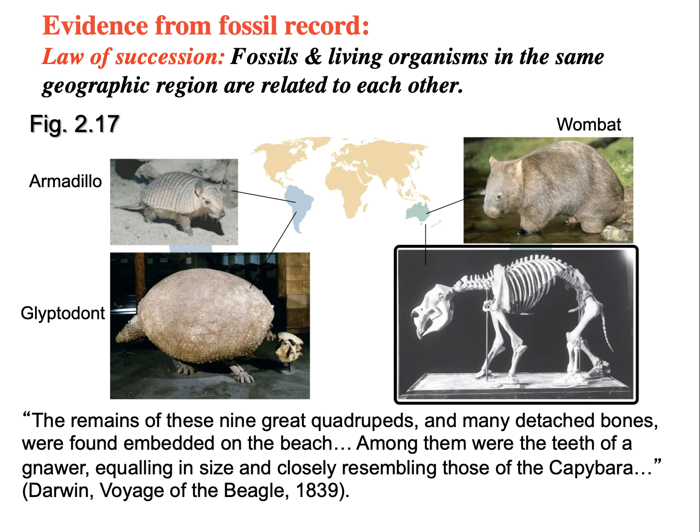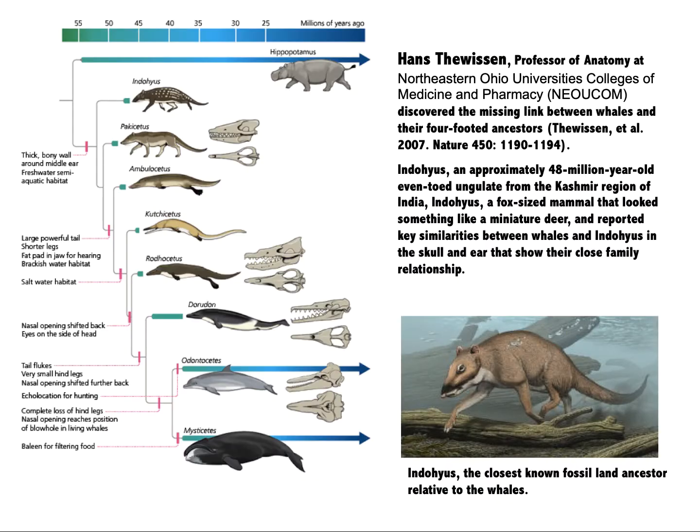In Australia also you have a wombat ancestor and then the wombat itself, and you can also go back millions of years to look at the changes in that lineage as well.